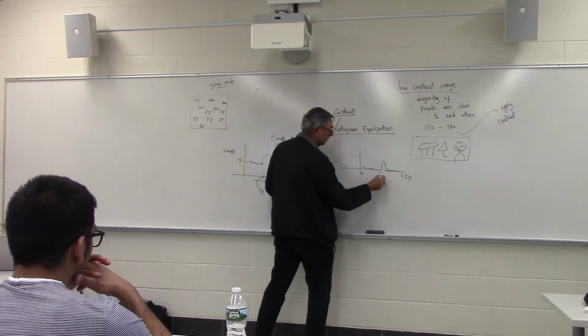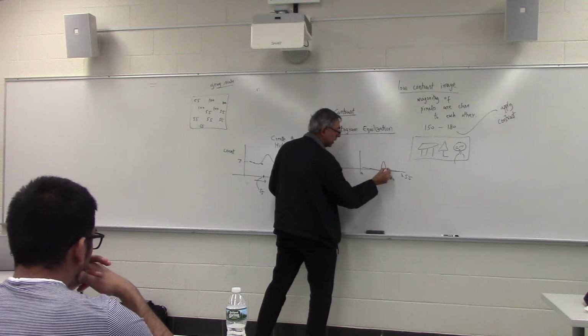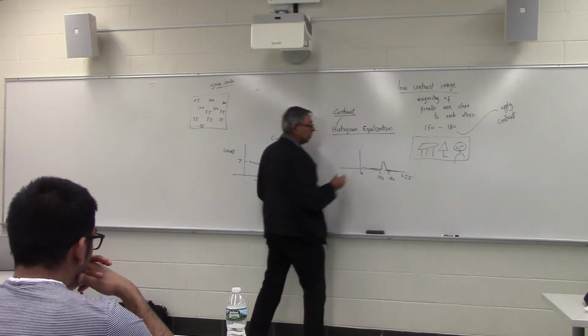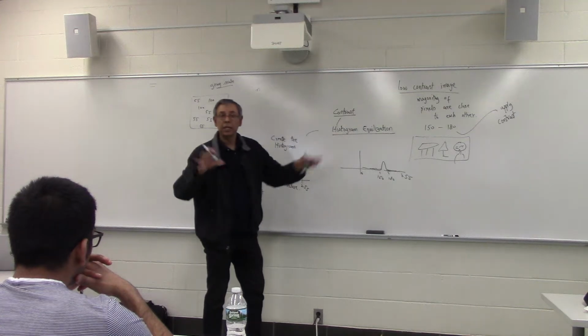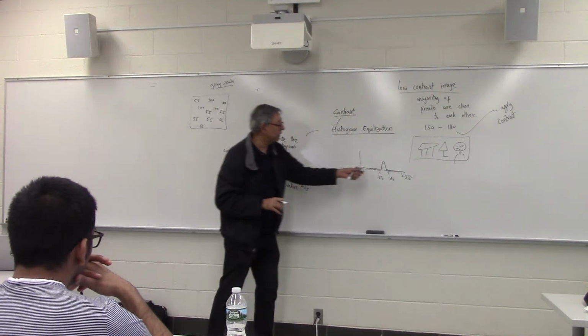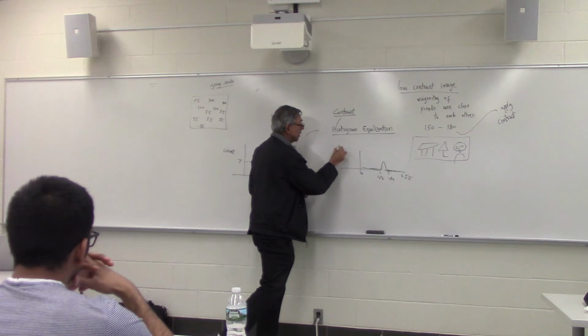This may be 150, this may be 180. It will not be zero, it will be low. Some pixels will be all over the place, but the majority of them are over here. So this is what the histogram will look like.